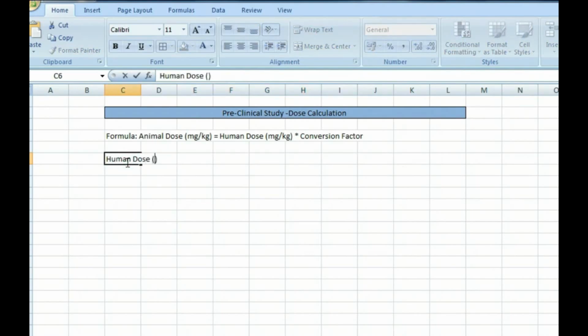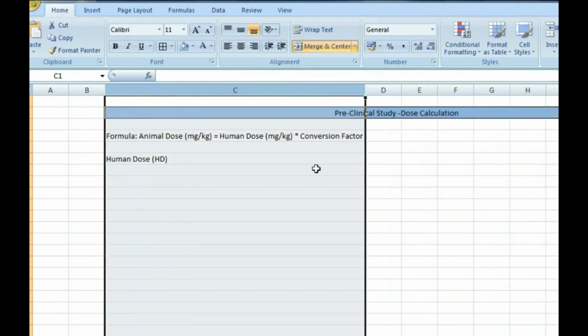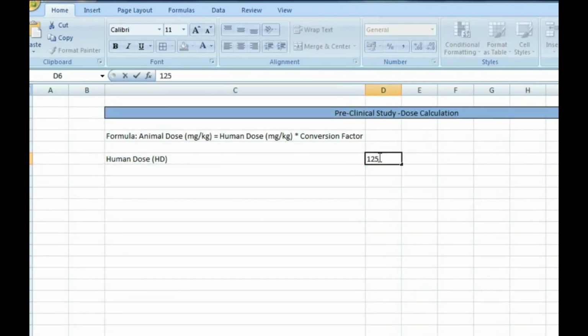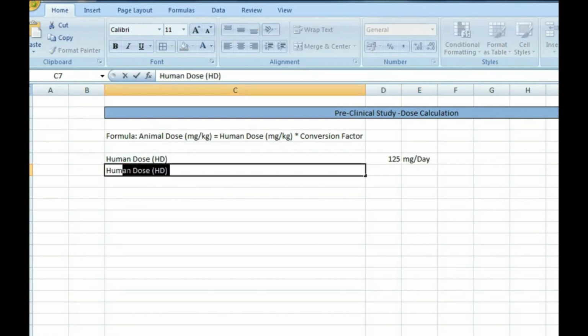So here we have taken a human dose, HD, and suppose it is 125 mg per day. We have written mg per day in another column. Next is our human equivalent dose.